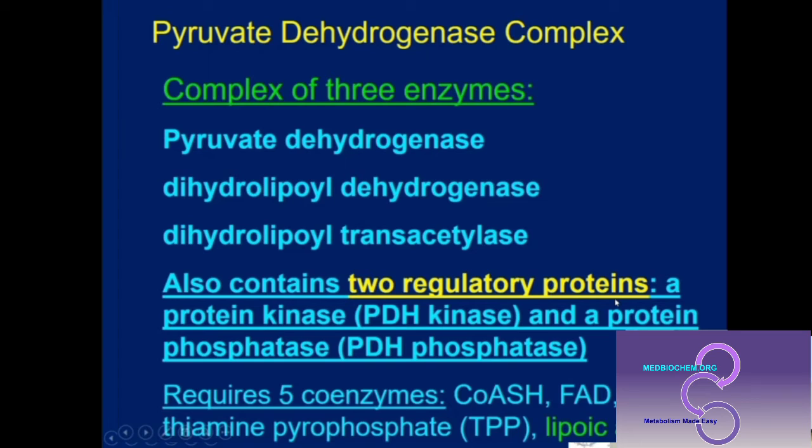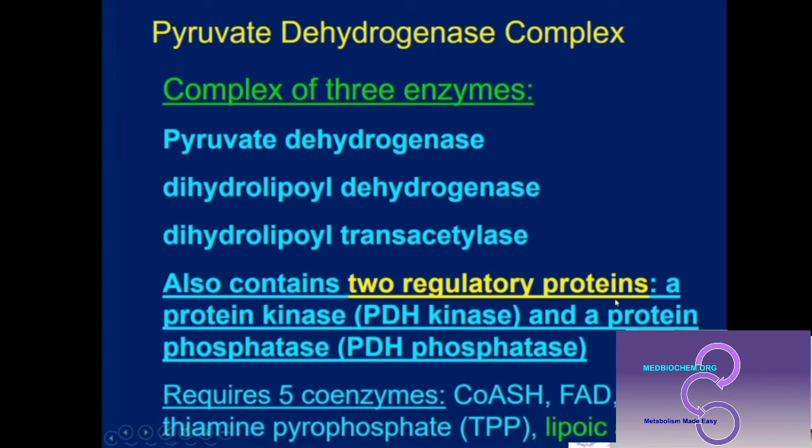The other two coenzymes are accepting the electrons. So the first acceptor of the electrons is FAD, then converted to FADH2, and then FADH2 donates its electrons to NAD to form NADH. So just appreciate the role of those coenzymes. Some of them just carry the acetyl group over to the next acceptor, and the others carry the electrons.